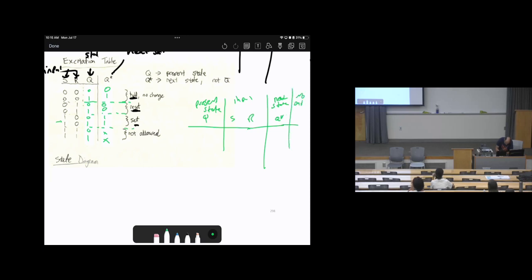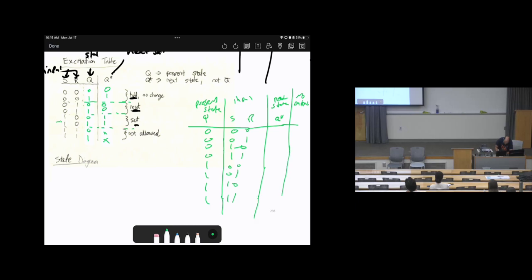No outputs, so don't worry about the outputs. I'm just going to flip the location of Q and SR, so it can be easy to implement the state diagram. So here it will be 000, 001, 010, 011, 100, 101, 110, 111.